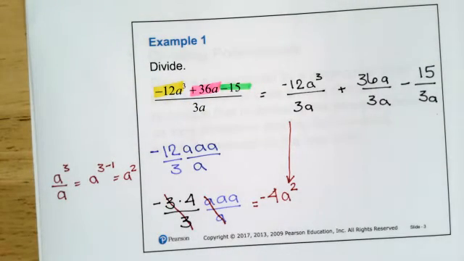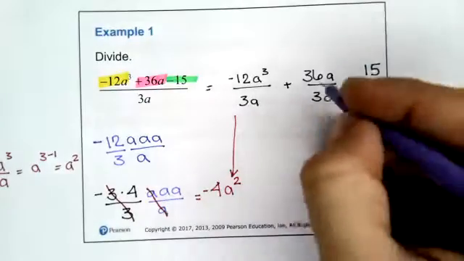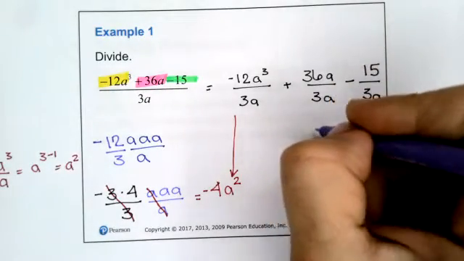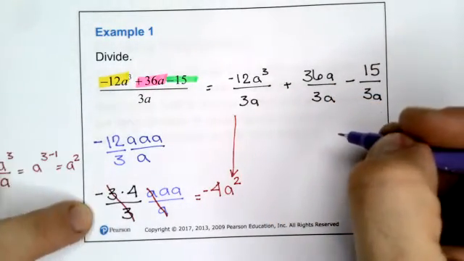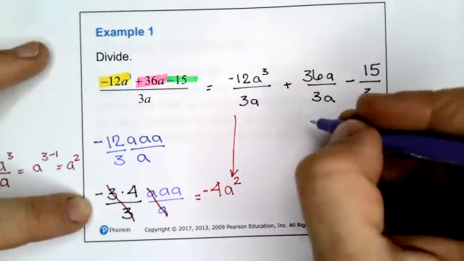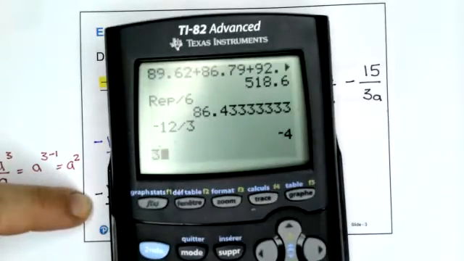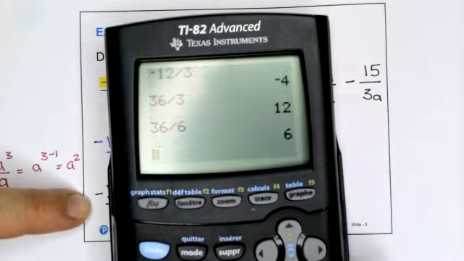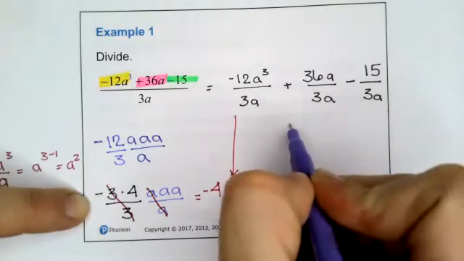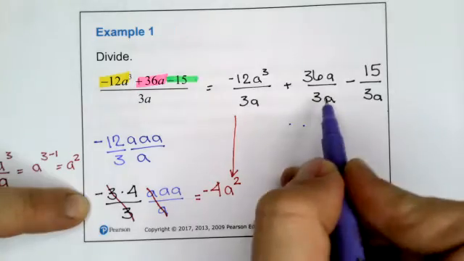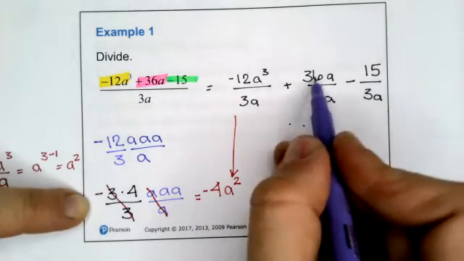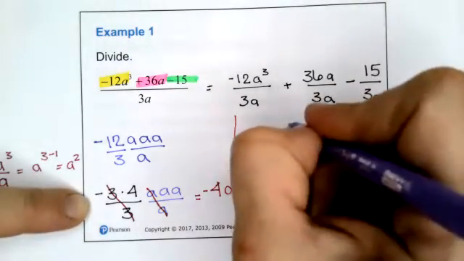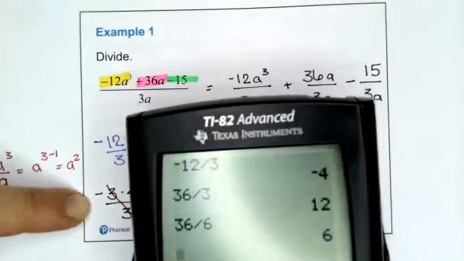Let's go on to the 36a divided by 3a. Again, here we said negative 12 is a negative 3 times a positive 4. 36, if I divide it by 3, is 12. There are other factors of 36, right? You can divide it by 6, but that doesn't help us, because we don't have a 6 down here. We have a 3. So we want to take 36 and divide it by 3, which is 12.